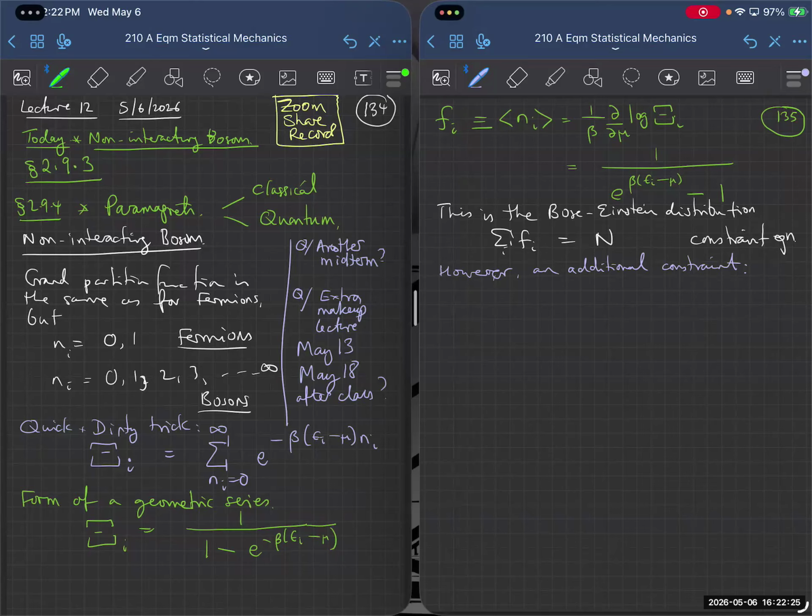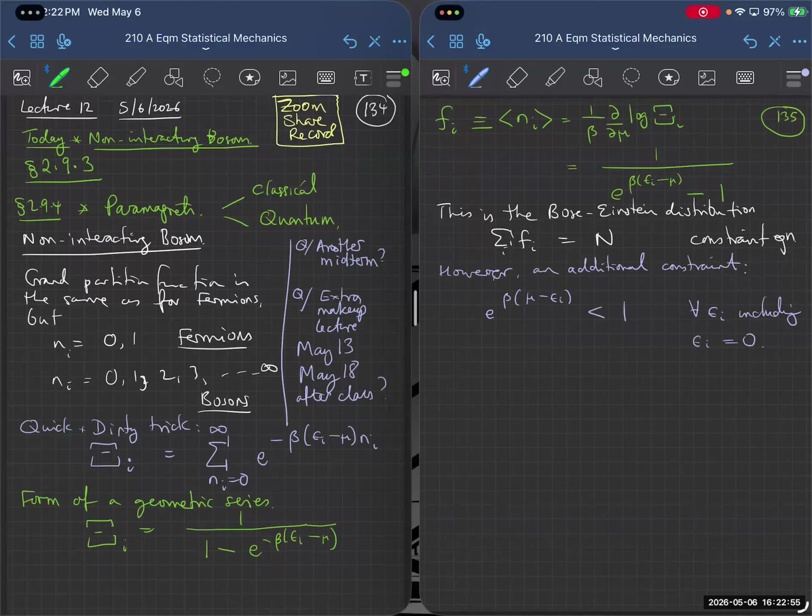So when you're summing a geometric series, it's only going to converge if the thing that you're exponentiating, as it were, is less than 1. So the additional constraint is that e to the beta mu minus epsilon I must be less than 1, and that must be true for all values of epsilon I, including epsilon I equal to 0.